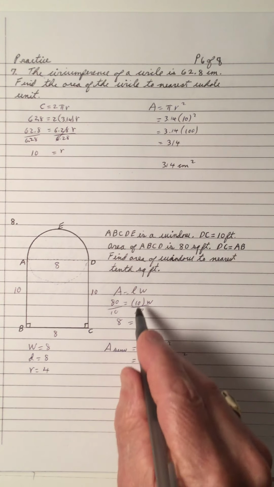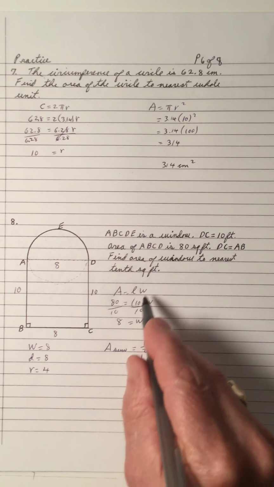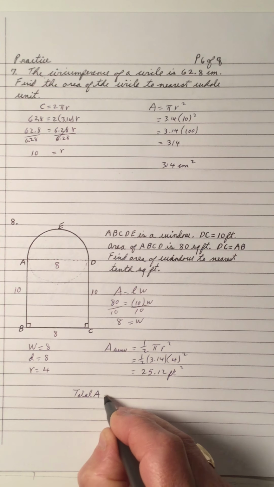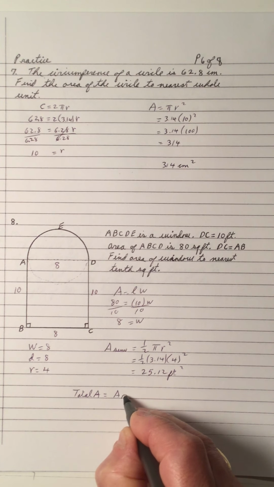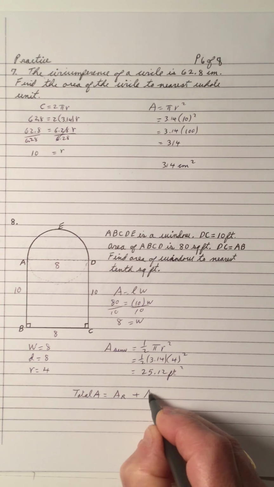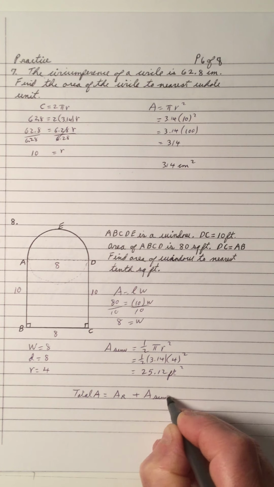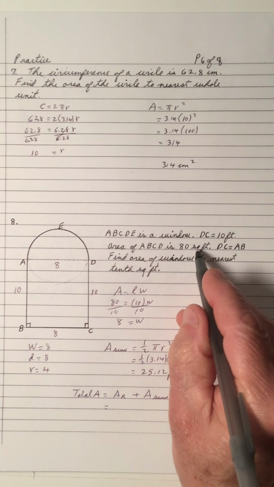So what's the total area? The total area is the area of the rectangle plus the area of the semicircle. The area of the rectangle was given as 80, and the semicircle is 25.12. We add that up, we get 105.12. If I round at the end, I'm going to be more accurate.